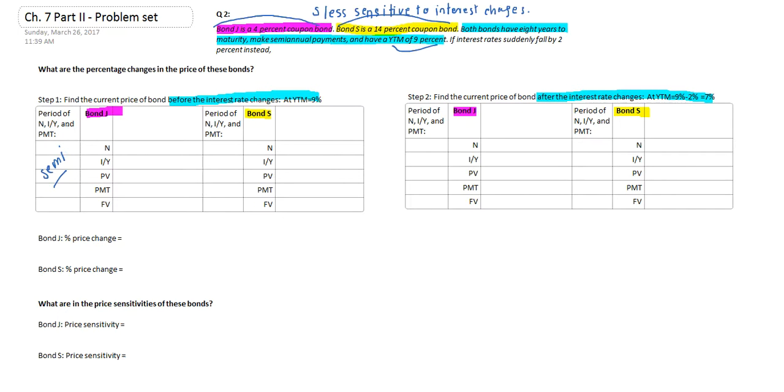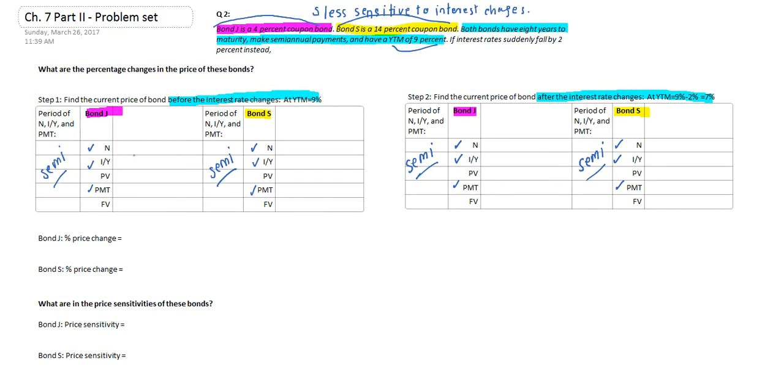So basically, every scenario here is semi-annual, right? That means when you work on N, IY and PMT, these three components have to match the period, which in this scenario is semi-annual.